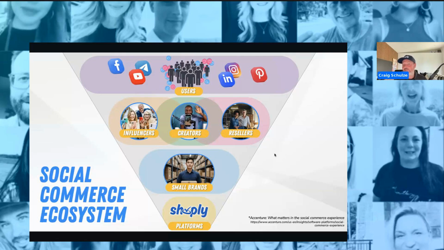And then you get platforms like the Amazons, the TikToks of the world, or TikTok Shops. Shopley is a platform. We connect with small brands, influencers and creators. We get people's products and services directly from our platform out into the social media space, instantly promoting directly onto Facebook. So I just wanted to paint a picture.